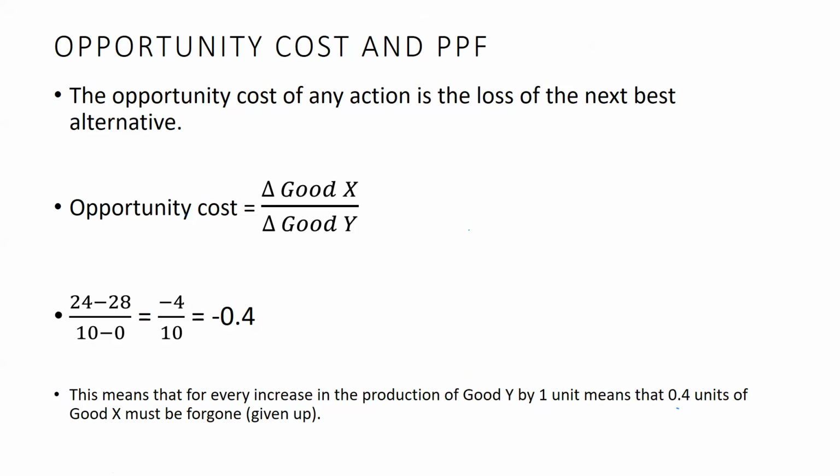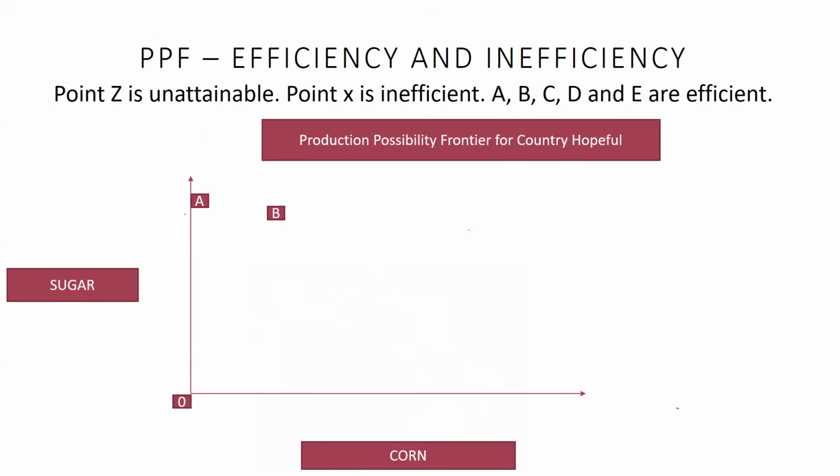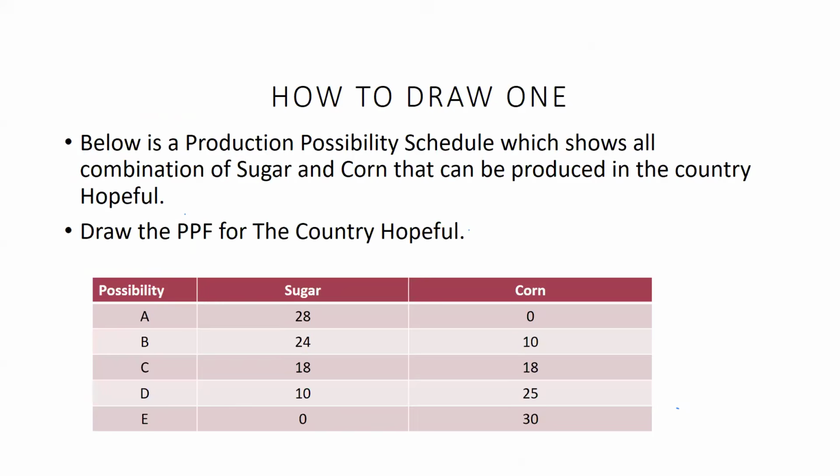Now, if they ever ask you to calculate opportunity cost, it is the change in the first good divided by the change in the second good. This triangle here in economics means change. So it's change in good X divided by change in good Y. Let's go back a bit.